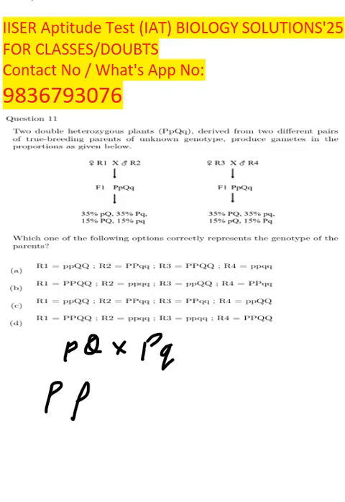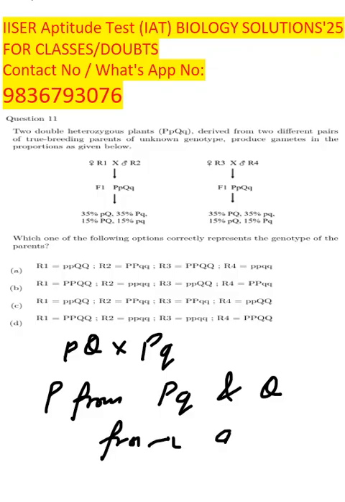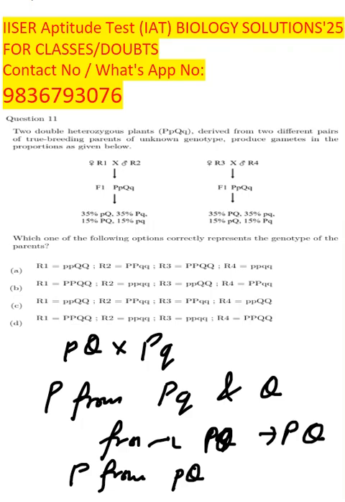So the possible combinations will be PQ multiplied by pq. So that is P from PQ and q from pq. So that is Pq. Okay. Now again p from pq and Q from PQ.